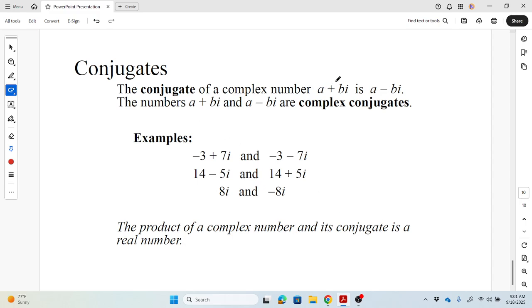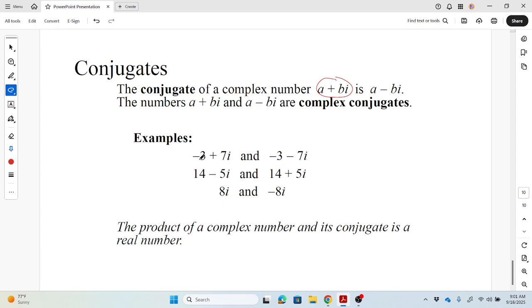Conjugates of a complex number. Let's say you have a complex number a plus bi. The conjugate of this complex number is you just change the sign of the imaginary part, and that is the conjugate. So for a plus bi, the conjugate is a minus bi. For a minus bi, the conjugate is a plus bi.